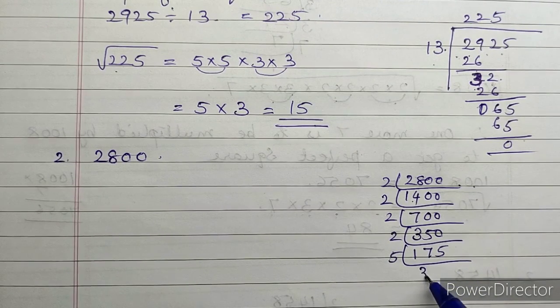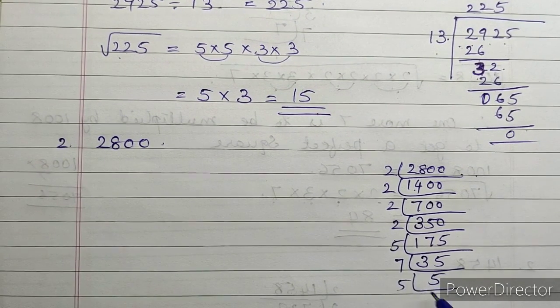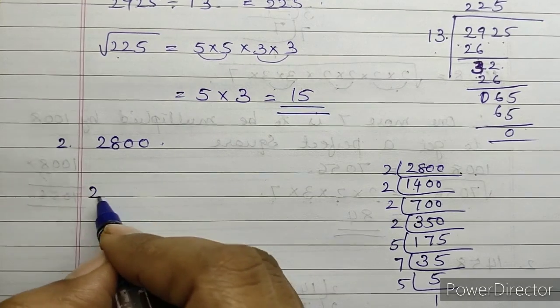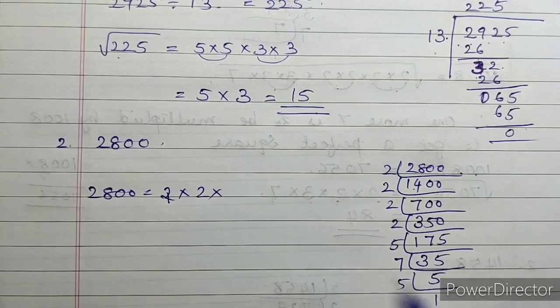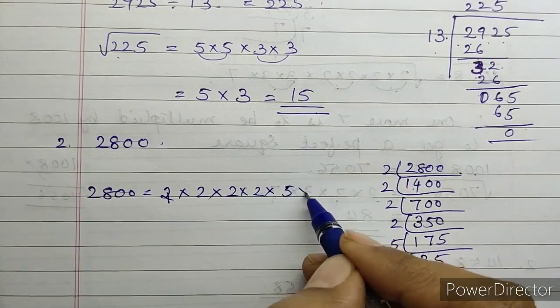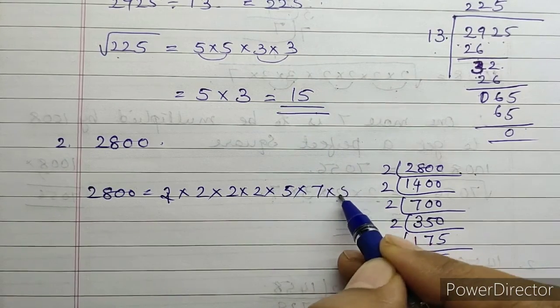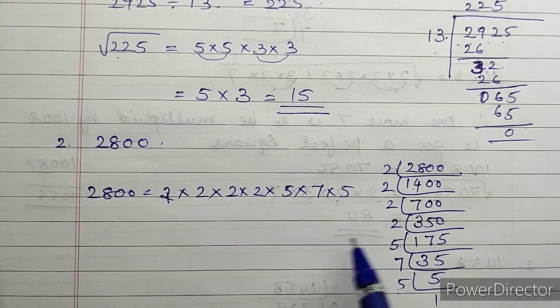So that is 5 times 35, and 7 times 5. Finally 5 one time is 1. So 2800 you can write as 2 into 2 into 2 into 2 into 5 into 7 into 5. That is 4 2's, 2 5's and a 7.